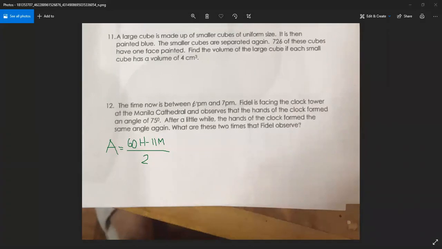Now, it says here that the time is between 6 p.m. and 7 p.m. Since the time is between 6 p.m. and 7 p.m., we can already identify that the value of H is 6.